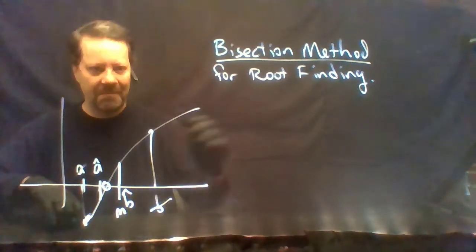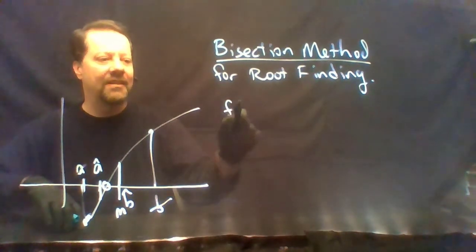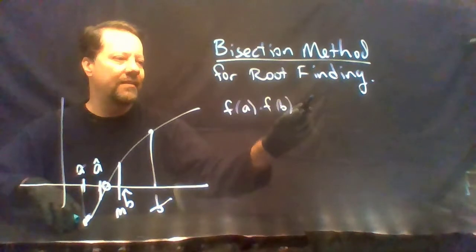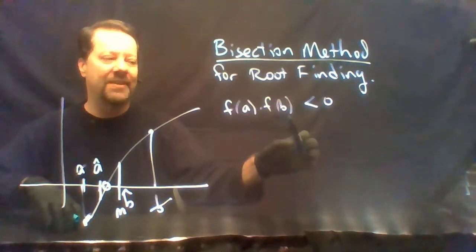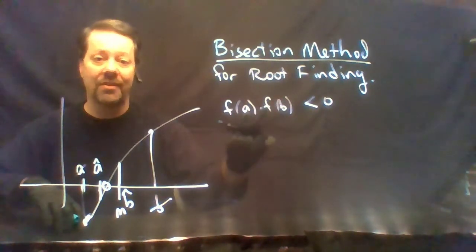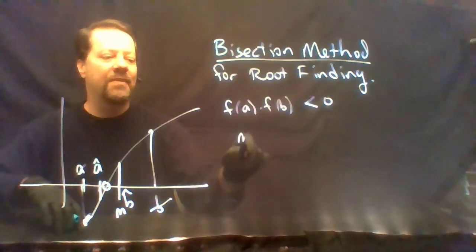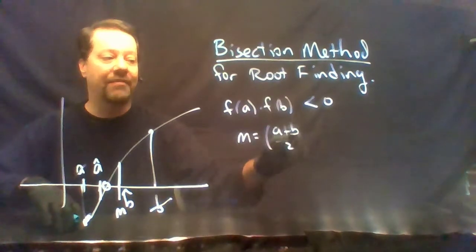So let me give you a basic description of the method again. Let's suppose that f of a times f of b is less than 0. That means one of them is positive and one of them is negative. This doesn't tell you which one is which, it just tells you they have opposite signs. If that's true, you form the midpoint. The midpoint is, well, it's the average.